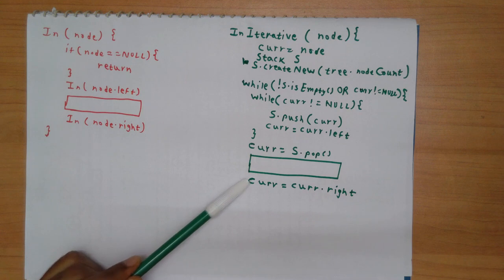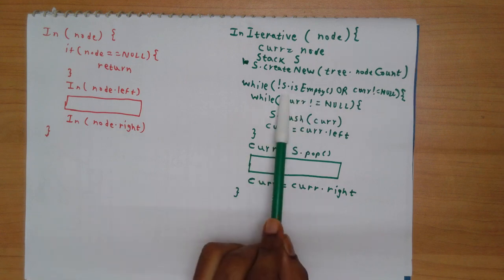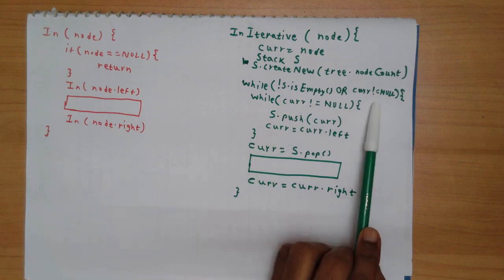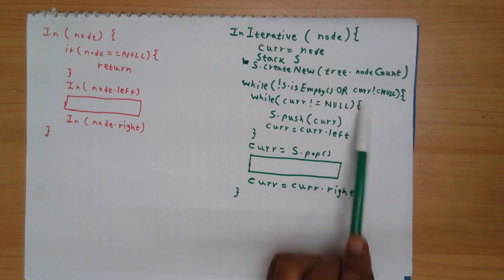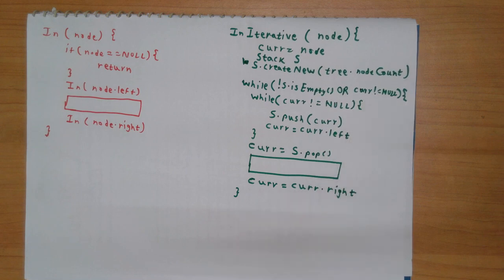In that case as well, my stack will be empty, but my current pointer will not be null. So it's important to understand why we need both these conditions. To understand it better, let's try to run it through the example tree that we have. We'll do that in the next video.